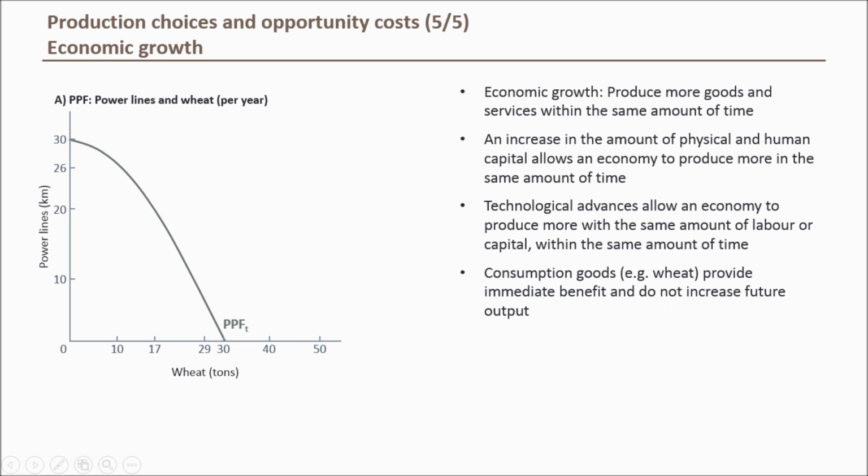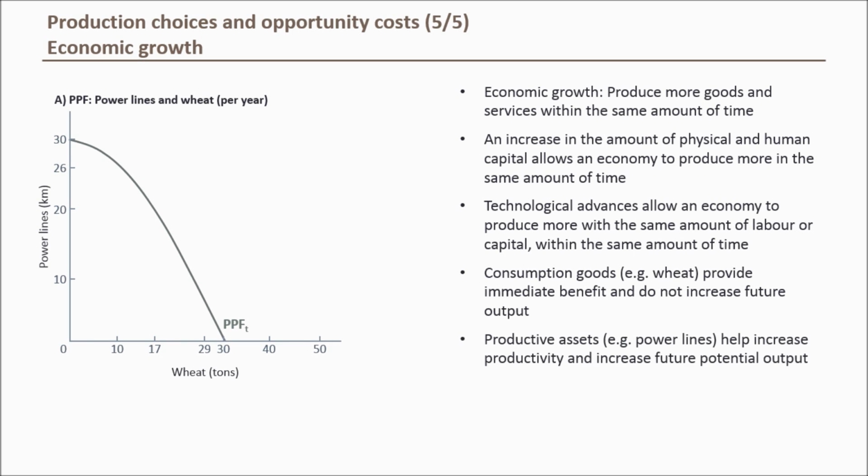Power lines, on the other hand, will continue to distribute electricity once built, and electricity is an important input into manufacturing and other industrial and commercial activities. So although both goods are important, wheat is consumed while power lines remain for a longer time and help increase productivity, allowing an economy to now produce more in the future.